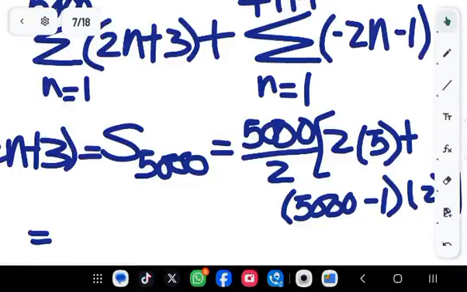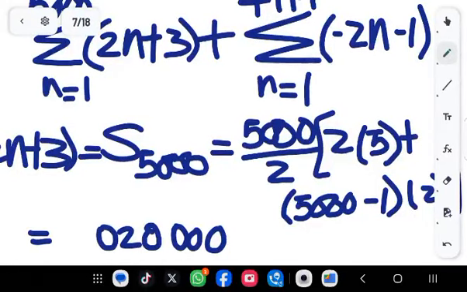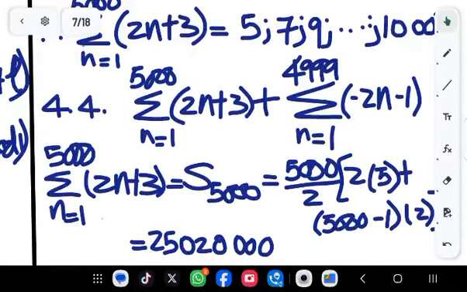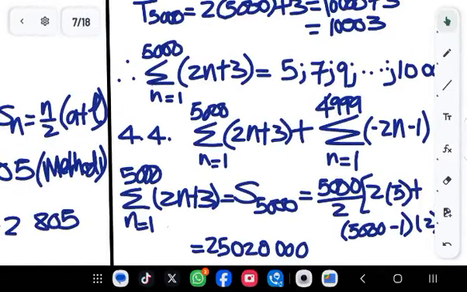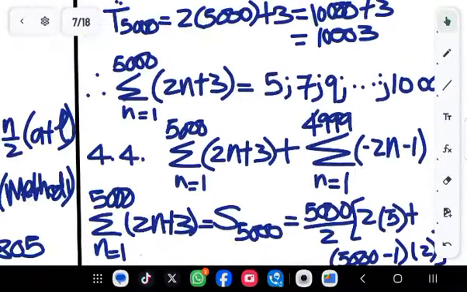I'm going to write it from the right-hand side. So it's 0 0 0, 0 2 0 and then 2 5. So that is 25 million and 20,000. Now let's calculate the second one.